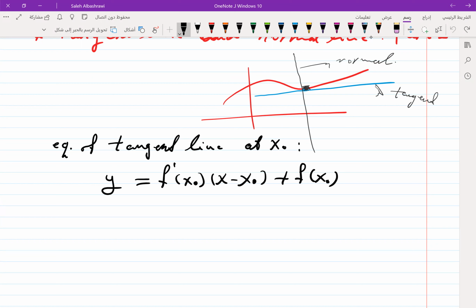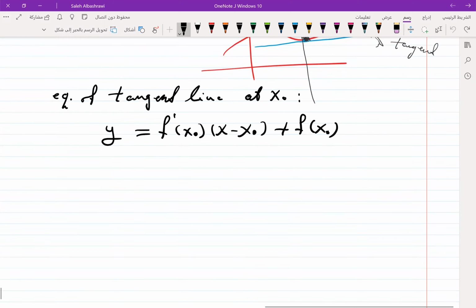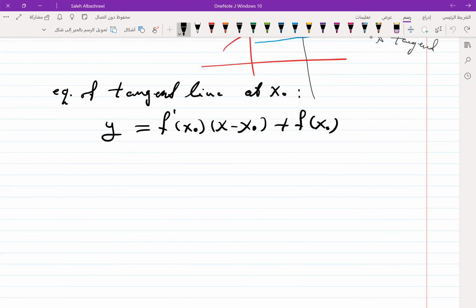Now, for this part of the topic, we are going to start with a remark.